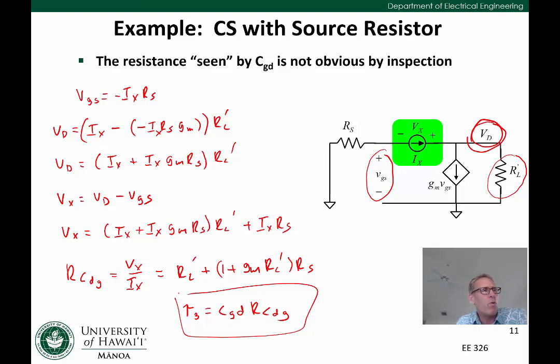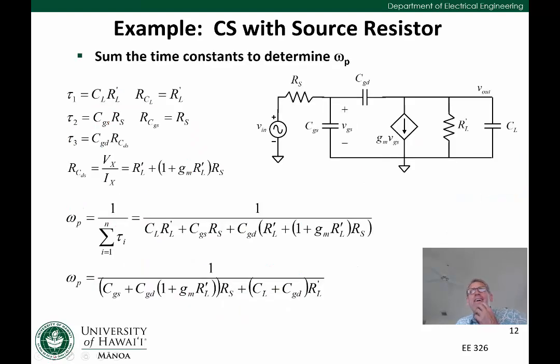So we figured out what tau 1, tau 2, and now tau 3 are. And just as a reference, this is equation 10.66 in your book. And so now we can sum these three terms. I've included them all in this slide here.